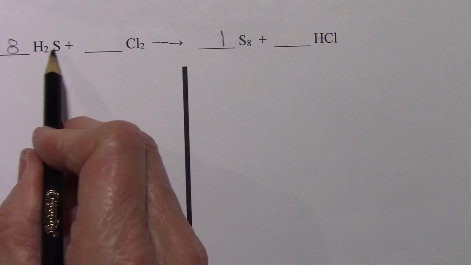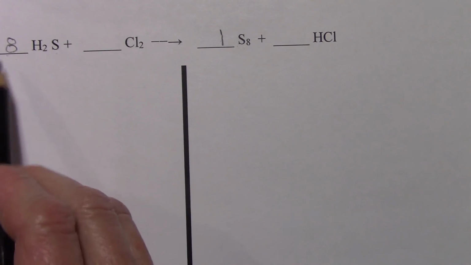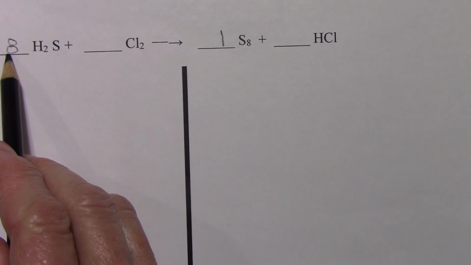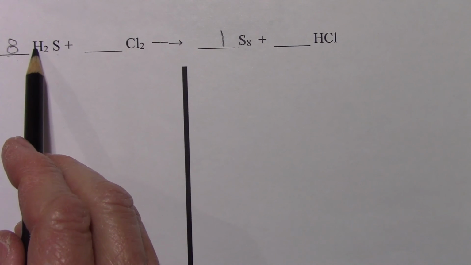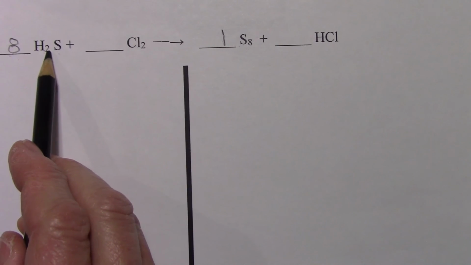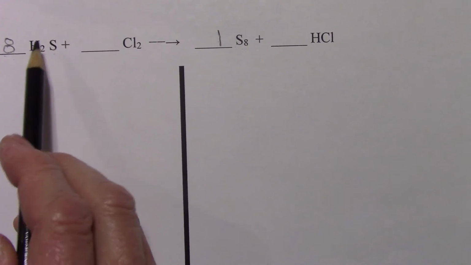So my sulfur takes care of itself. So when I do that, what I notice is that there's 8 molecules, but each molecule has 2 atoms of hydrogen. So that's 2 times the 8, which gives me 16 hydrogen, which is why I didn't want to build it.